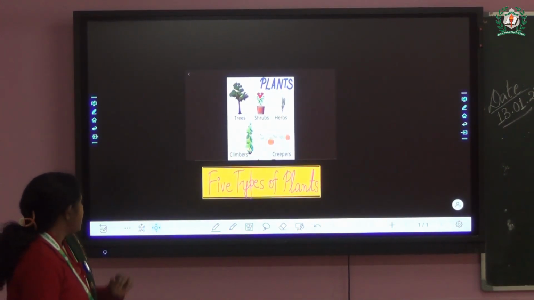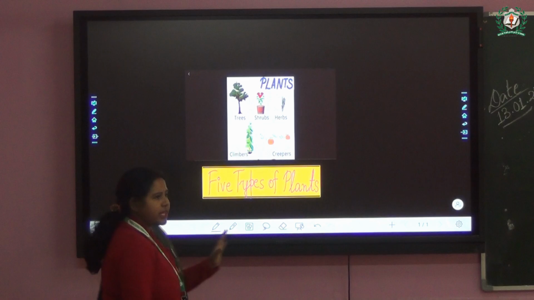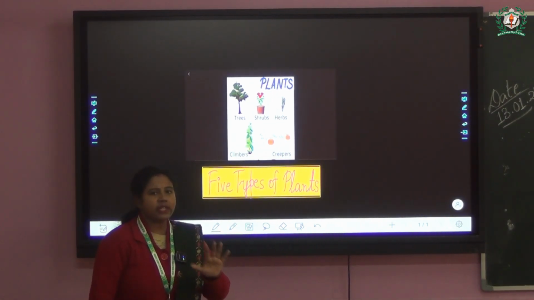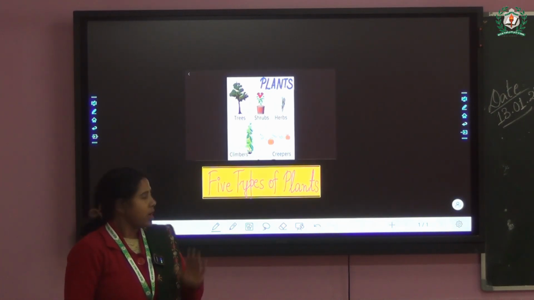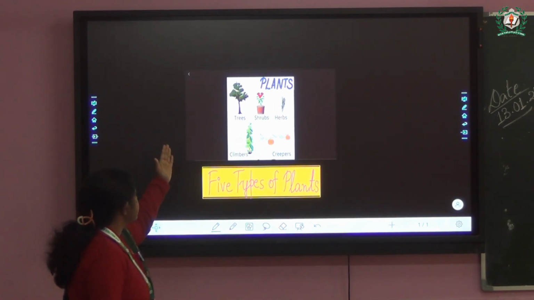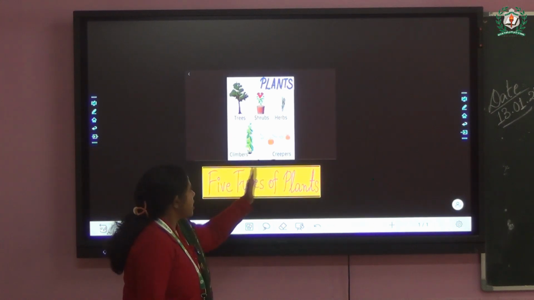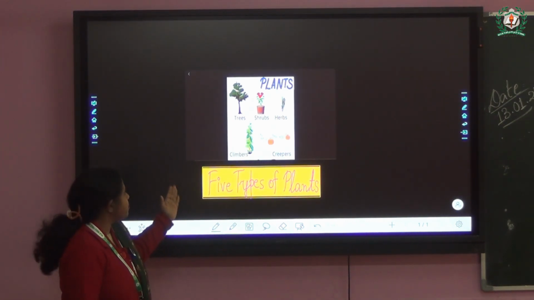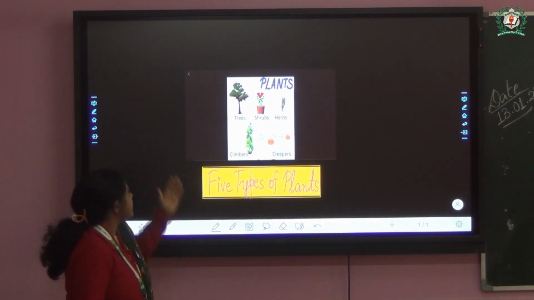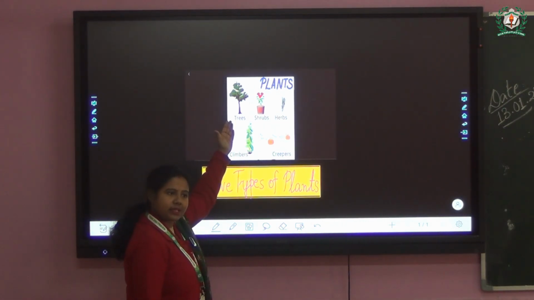According to their size and their basic characteristics, we have differentiated their types. So the very first type of plants that you are going to know about is trees.